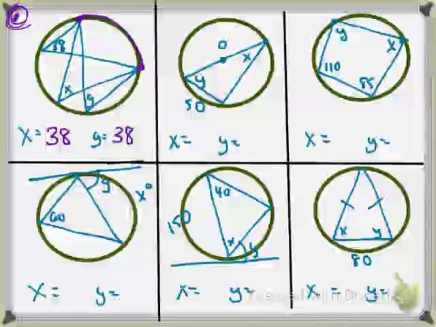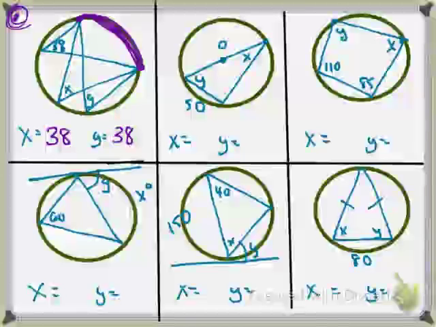So that 38-degree angle is cutting off the arc that I just highlighted along the top there. X is also cutting off that same arc. Y is also cutting off that same arc. So all of those angles must be the same size then. So they are all 38.